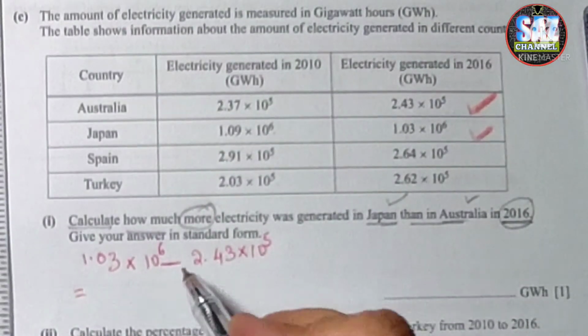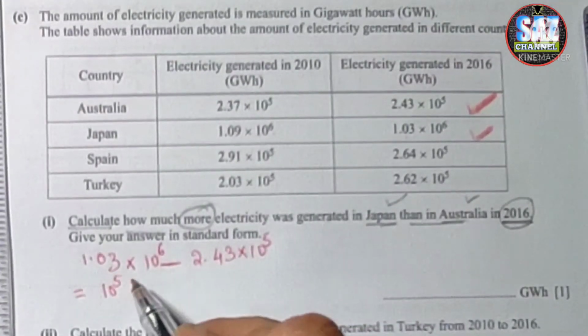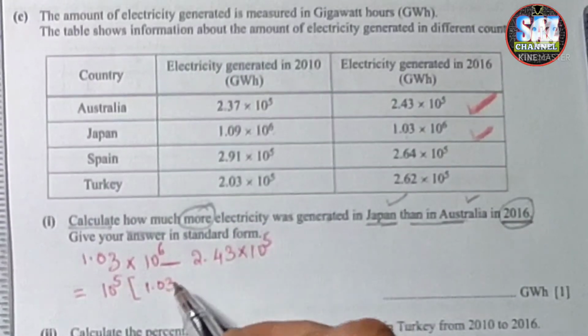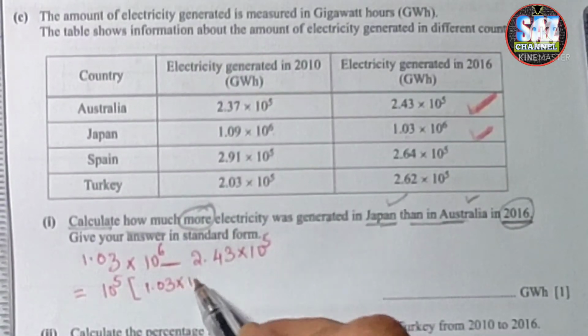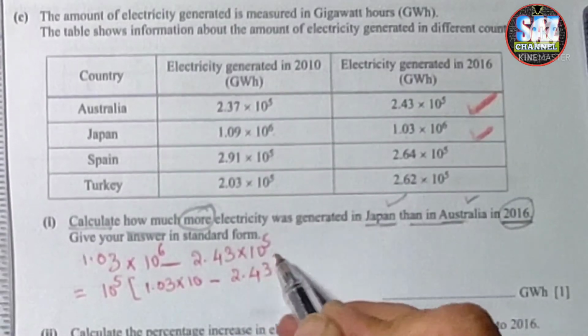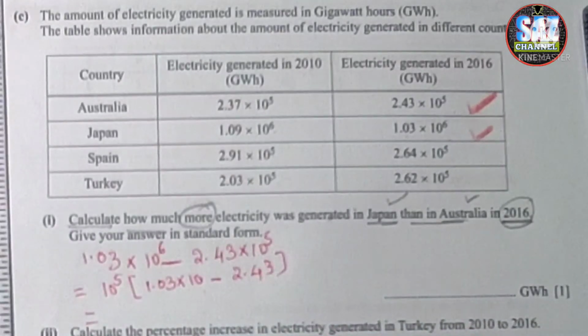If we look at the powers of 10, we can easily extract 10 raised to the power 5, and I will be left with 1.03 multiplied by 10 minus 2.43. And when I am multiplying 1.03 by 10, this gives me 10.3.